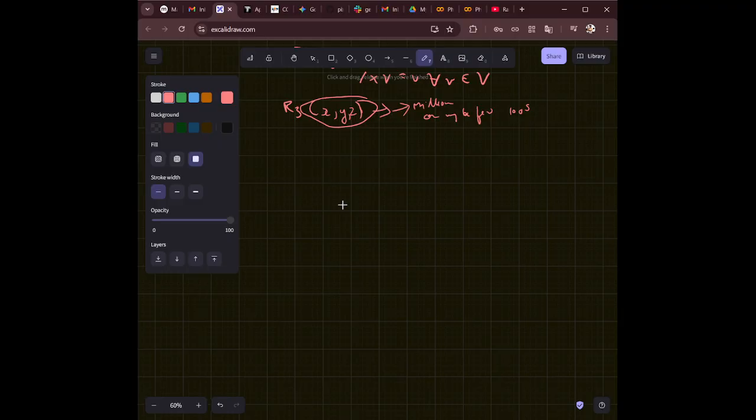So let us try to prove the vector space axioms for R3 one by one.